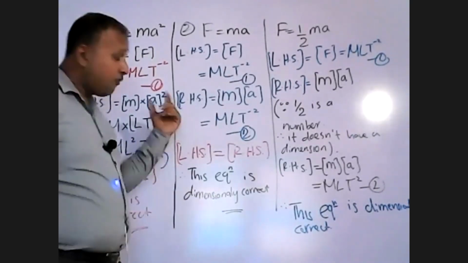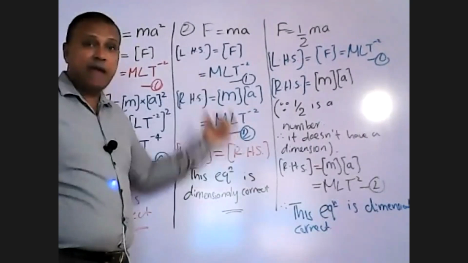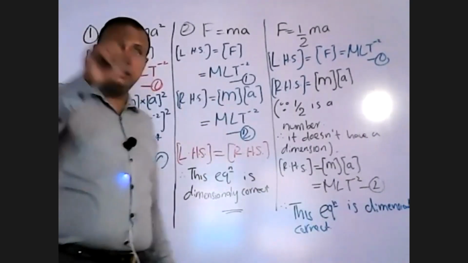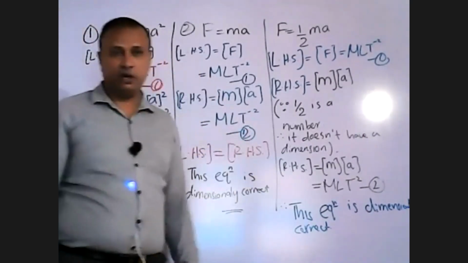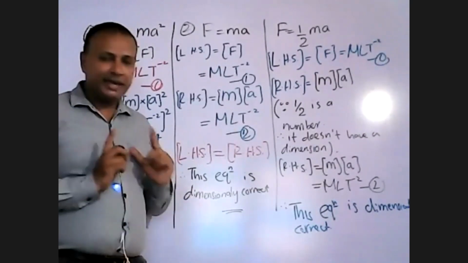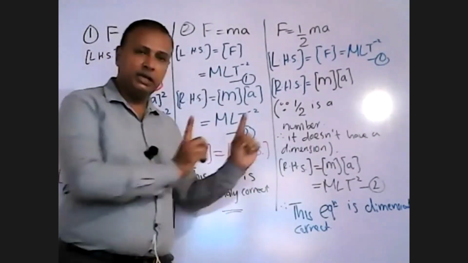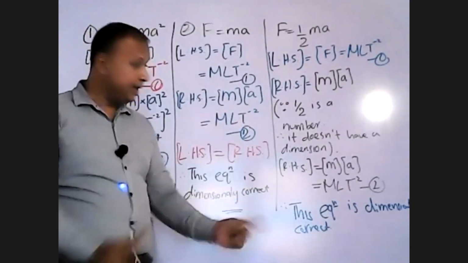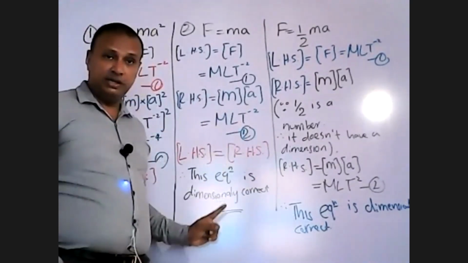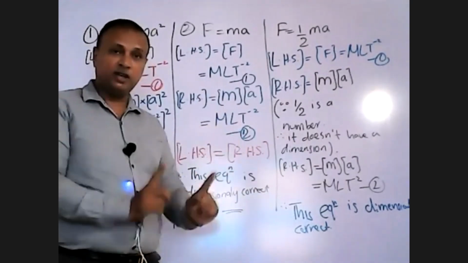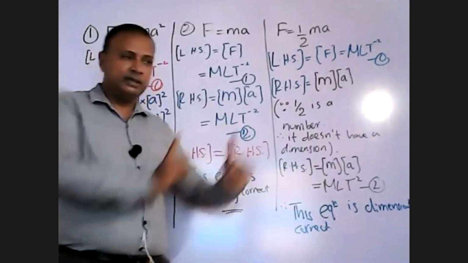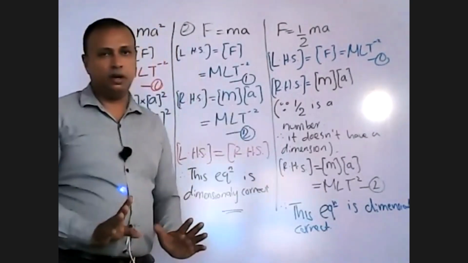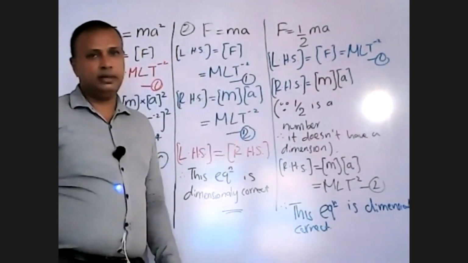But if we have the same dimension in RHS and LHS of an equation, we cannot say whether that equation is correct or not. We can only say this equation is dimensionally correct.